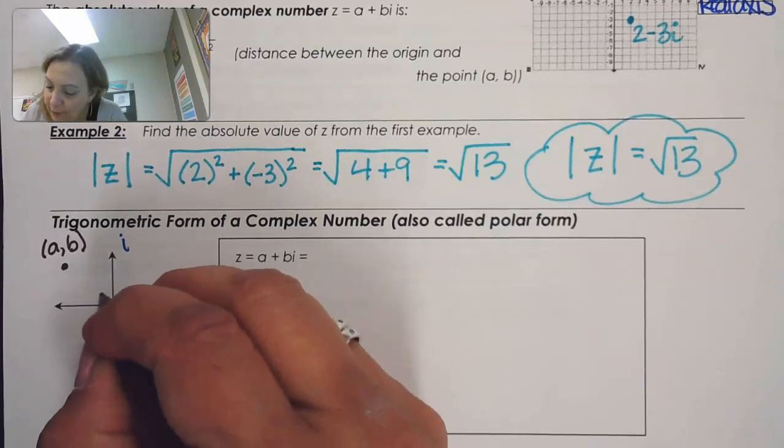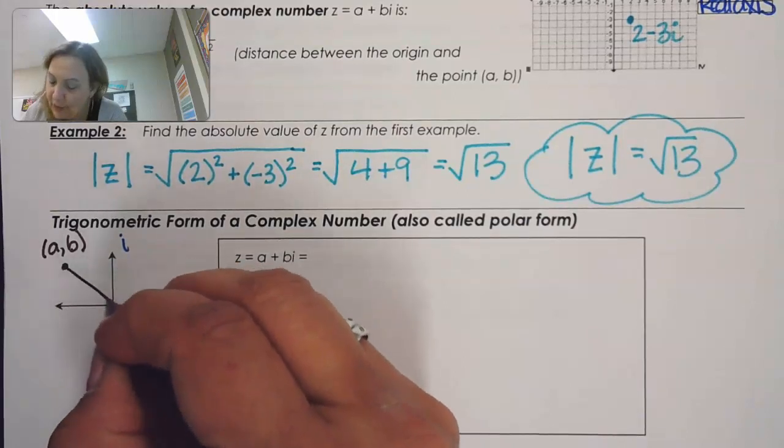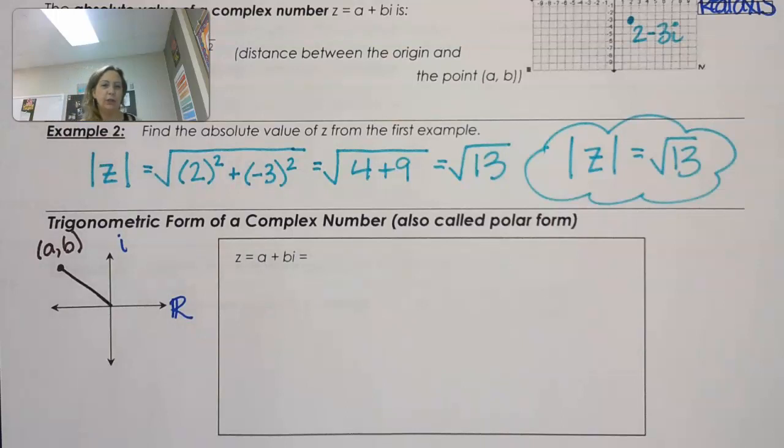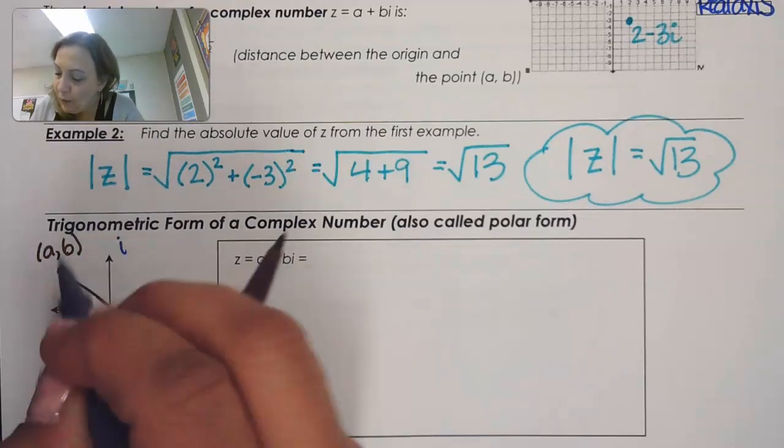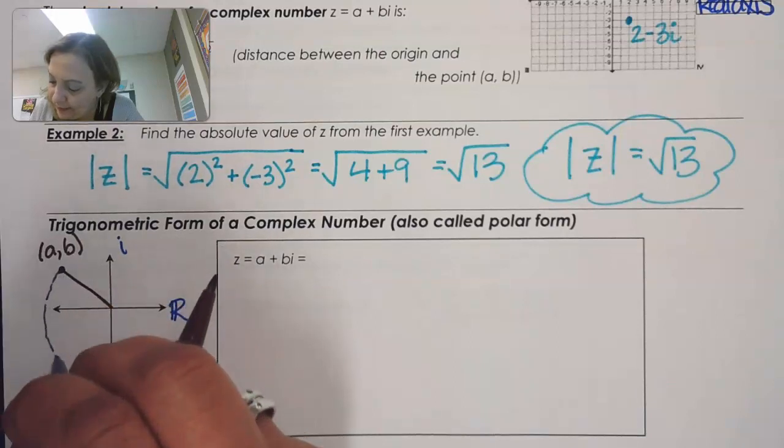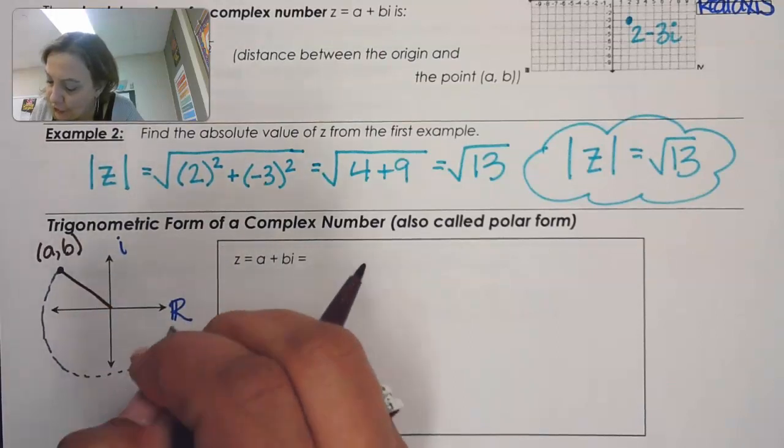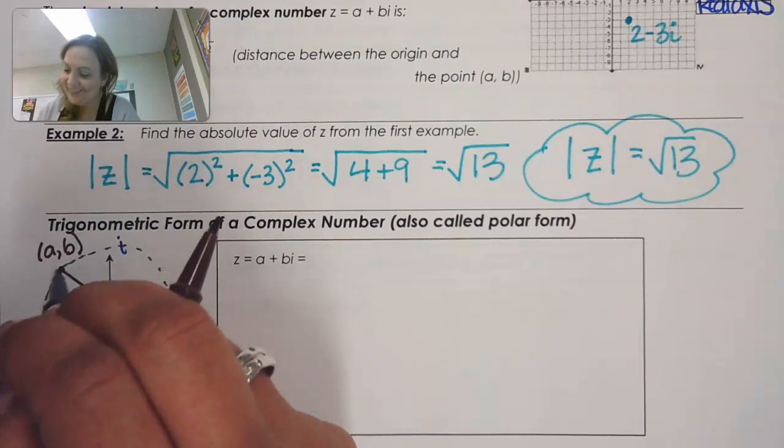Let's think about a circle around where that point is, and I'm probably not going to do a very good job drawing this circle.